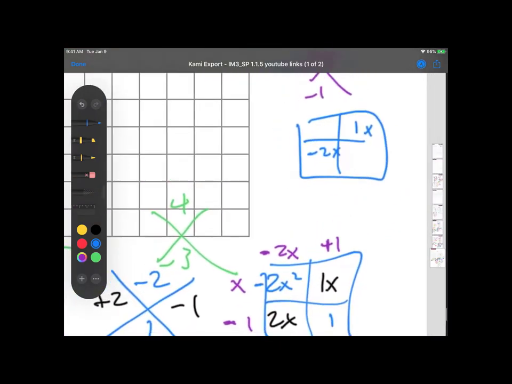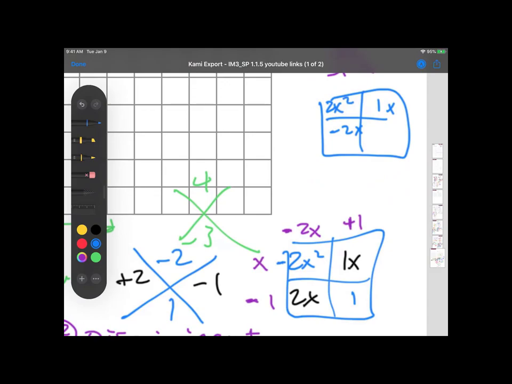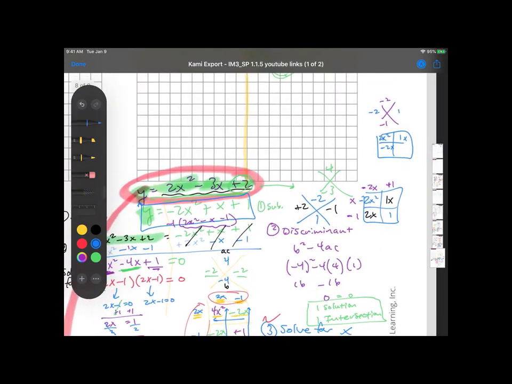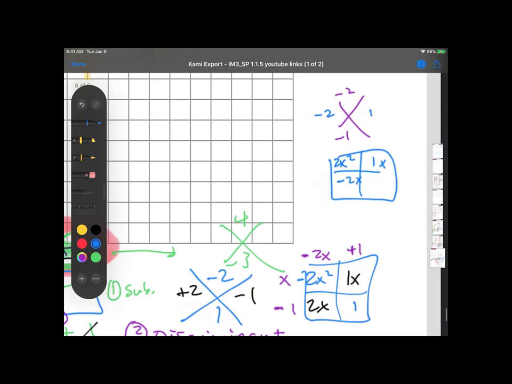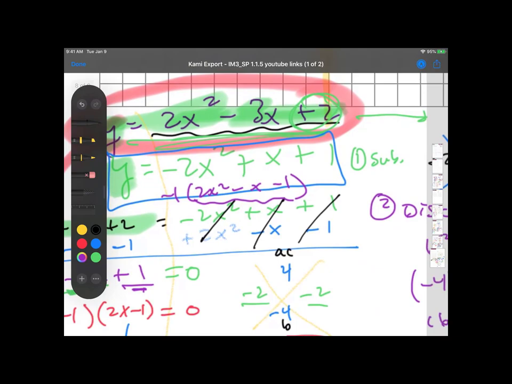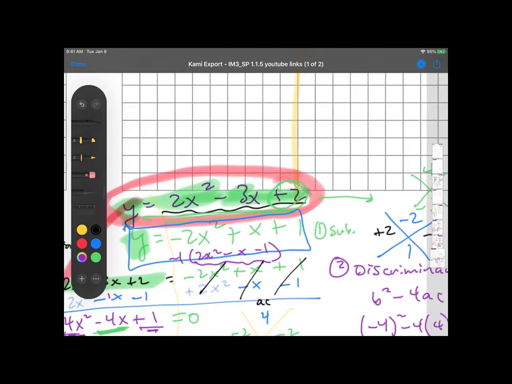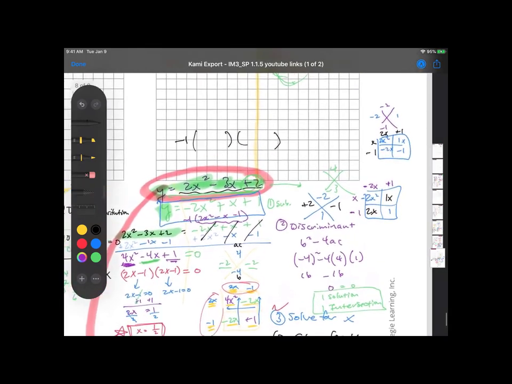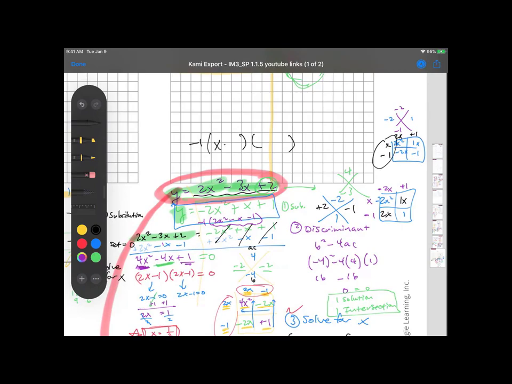Okay, inside is 2x squared, and inside is negative 1. 2x, x, 1, negative. Oh, that one worked. Okay, so what did I just do? I factored out a negative 1, and I got negative 1 times x minus 1 and 2x plus 1.